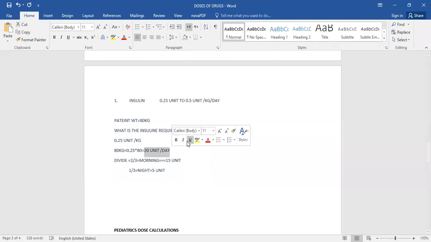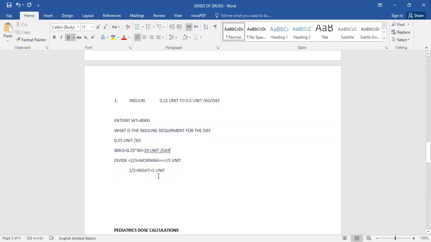This is the basic requirement of insulin. So how do you want to give the insulin? For intermediate acting, you give 2/3 in the morning and 1/3 at night. We calculated 20 units, so approximately 15 units in the morning and 5 units at night.